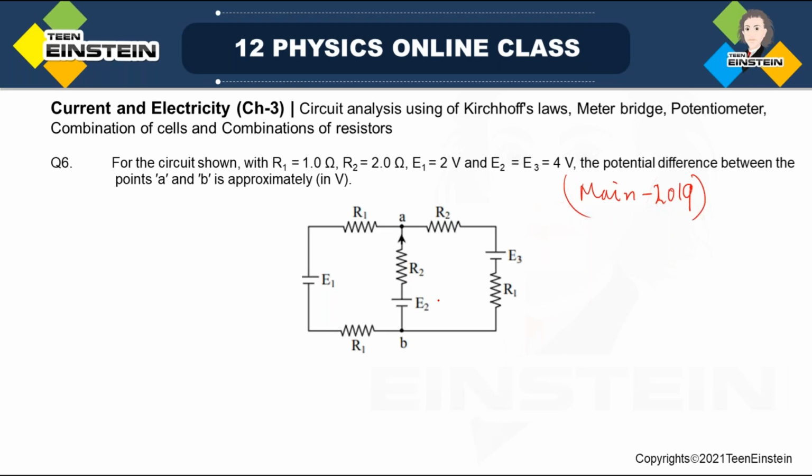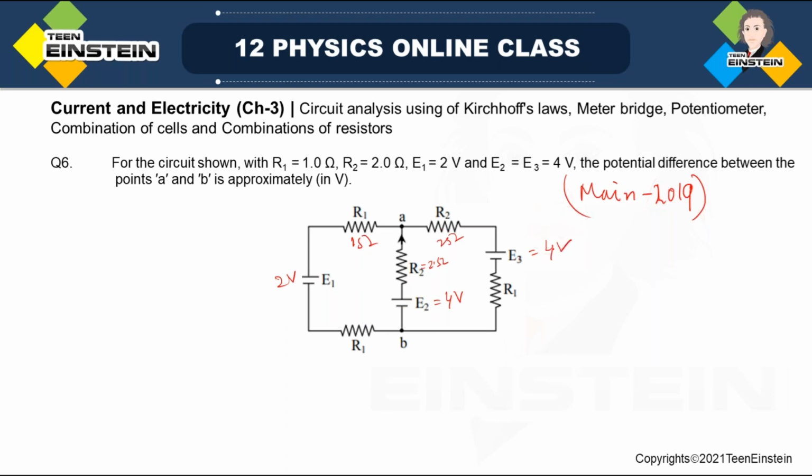Okay, so this problem, let us see. For the circuit shown with R1 equal to 1 ohm, R2 equal to 2 ohm, here also 2 ohm, E1 is 2 volt, E2 and E3 have the same voltage, that is 4 volt.